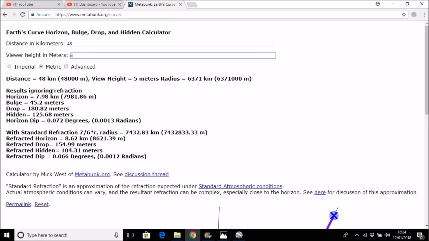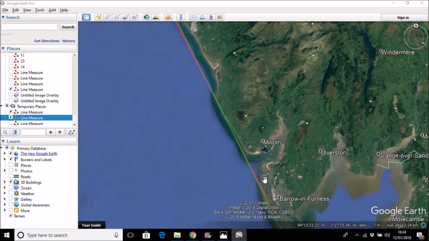Remember, this is 48 kilometers. So the observation that we've made with regards to the land at Barrow and Furness is exactly in keeping with what we would expect from a curved spherical Earth. The curvature calculator is based upon the Earth being a sphere.